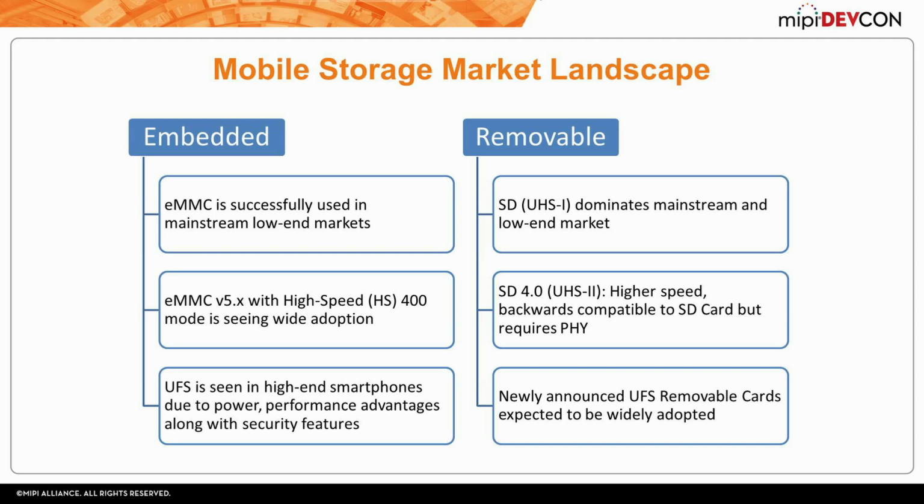Nevertheless, UFS has started coming out in high-end smartphones due to power, performance advantages, and security features. On the removable market, SD has dominated. Nevertheless, the first UFS cards were announced and are expected to be widely adopted.